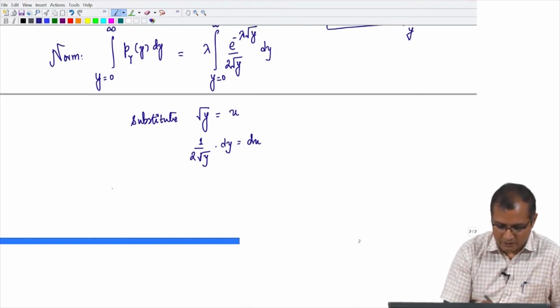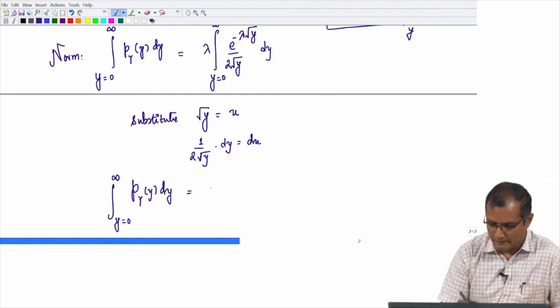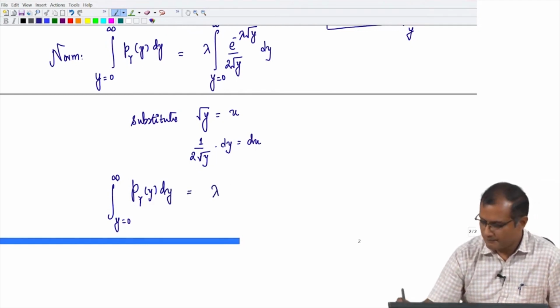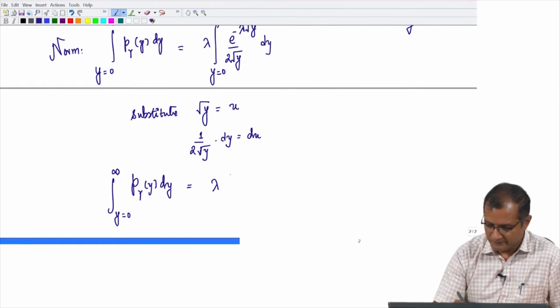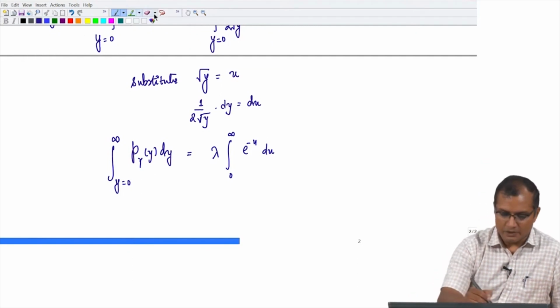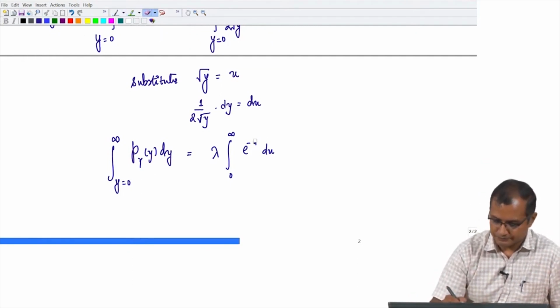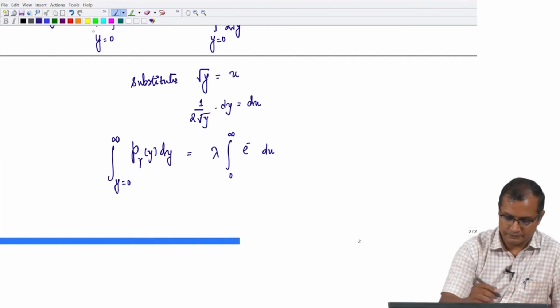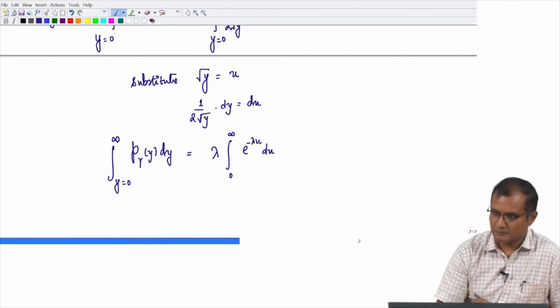So, I can write down that my norm is basically lambda times the integral from 0 to infinity of e raised to minus lambda u du.